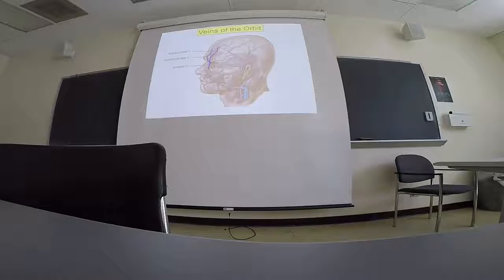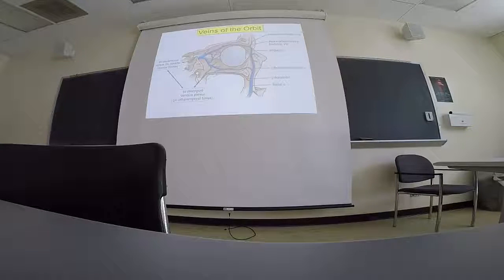you can see some of those veins of the face that communicate with veins in the orbit are here. The supraorbital, supratrochlear, and the angular vein. And these can communicate with either one or two of these veins here, what's called the superior ophthalmic or the inferior ophthalmic vein.